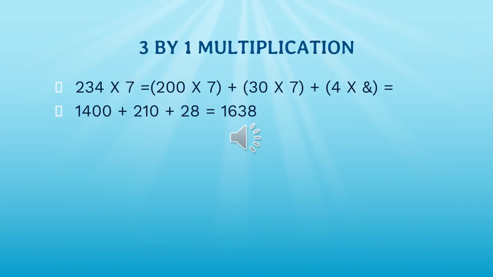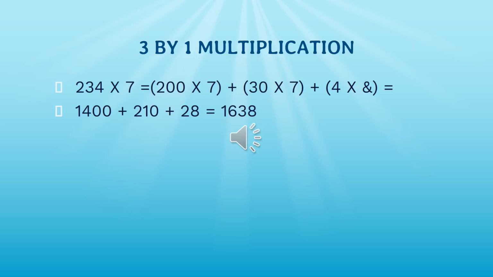Moving to 3 by 1 multiplication and using the same technique, multiplication by addition, let me illustrate this with an example. Here I have 234 times 7, breaking the larger number 234 into 200 plus 30 plus 4, and distributing 7 to each.